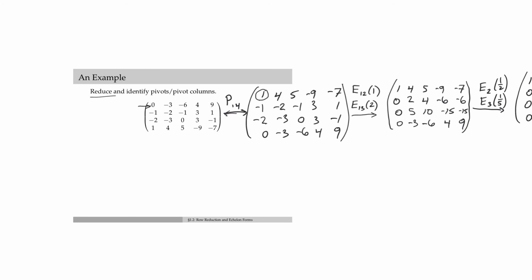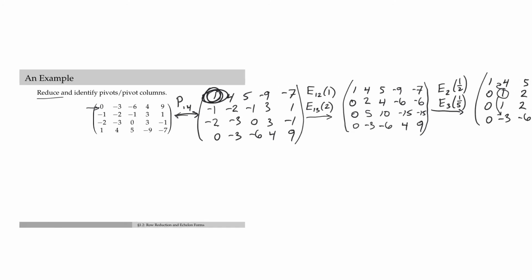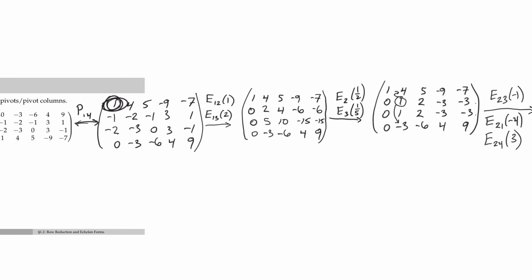Let's go back to the beginning and just kind of recap. I first put a 1 there. I use that to eliminate the entries beneath it. I then identified that position, and then I noticed that once that was a 1, when I added it onto the rows above and below it, that 0 there preceding it meant that I didn't have to change anything in those front rows either.